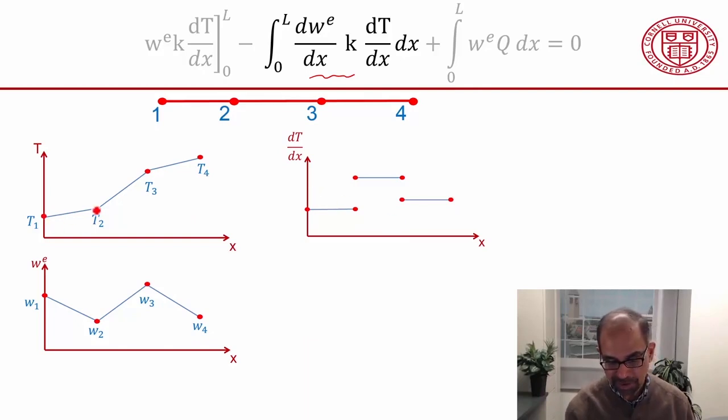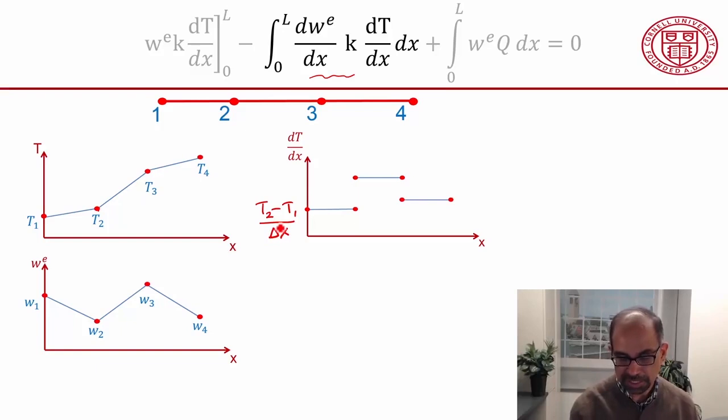Since we have a linear interpolation, the derivative is constant over each element. For instance, if I want to know the derivative over here, it's just going to be this value minus this value divided by the length of the element. So that value is going to be T2 minus T1 divided by delta x, and correspondingly for this element and so on.